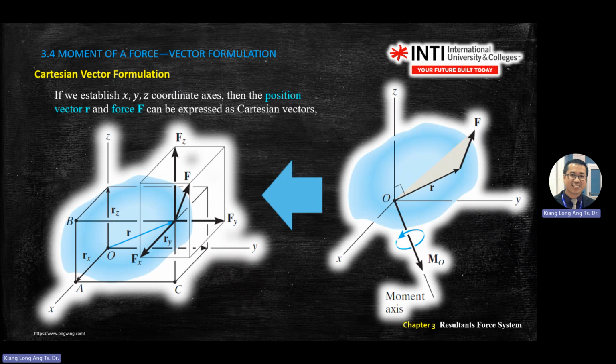So maintain this point, split F into x, y, z. Maintain this point to the R, you can split into x, y, and z. Okay, so you have 2 resultant vectors, R and F, into 6 component vectors. Each one split into 3.